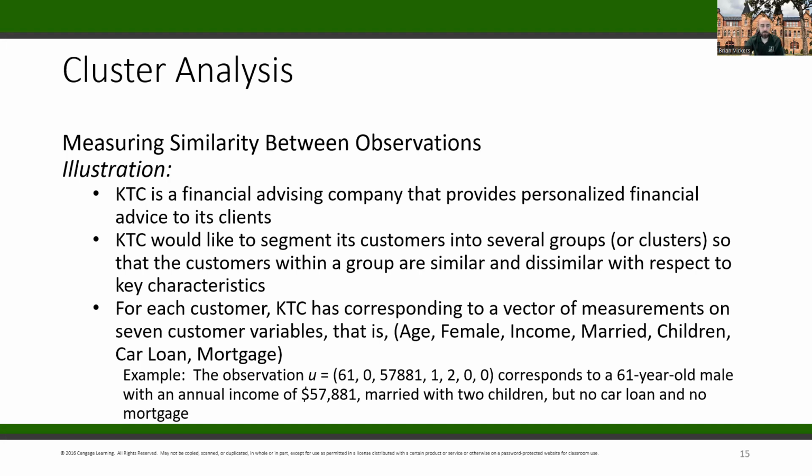That could be just the number of them. Whether they have a car loan, whether they have a mortgage, right? So if they have a car loan, 1, if not 0. If they have a mortgage, 1, if not 0, right? So 61-year-old male, 61, 0 because they're not female. Income level, married, so 1, yes. 2 children, no car loan, no mortgage. That's what this is saying.